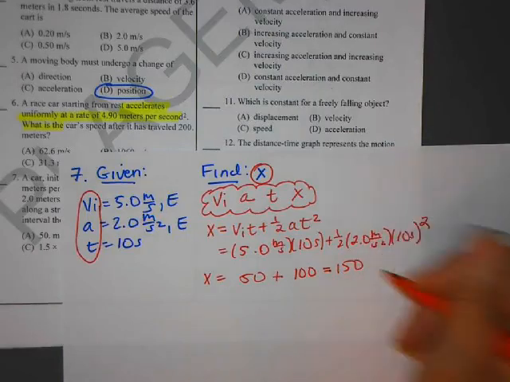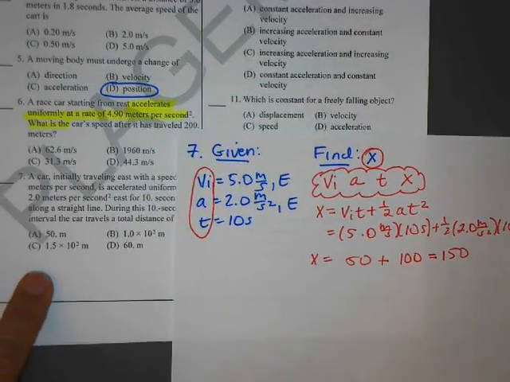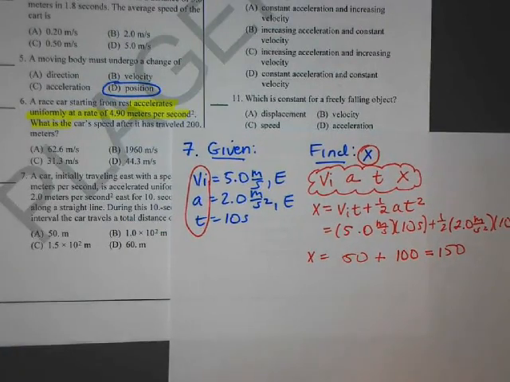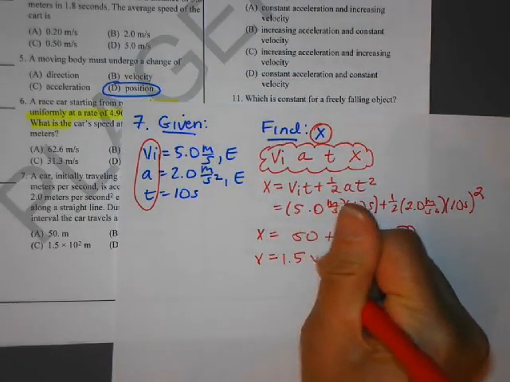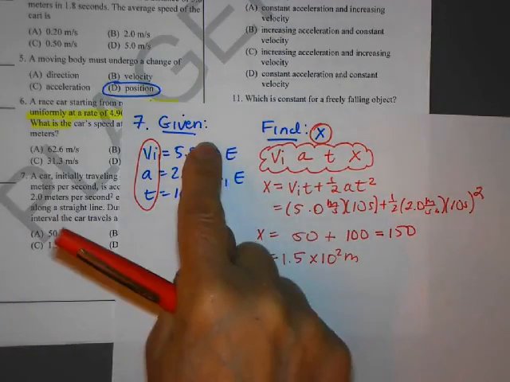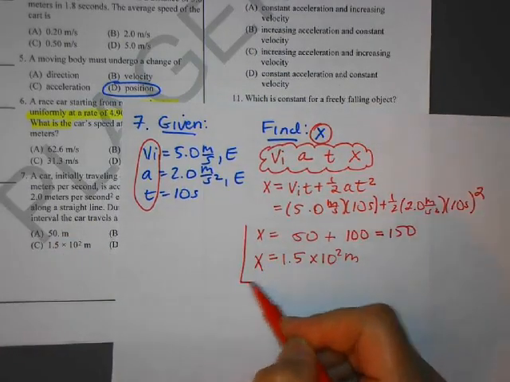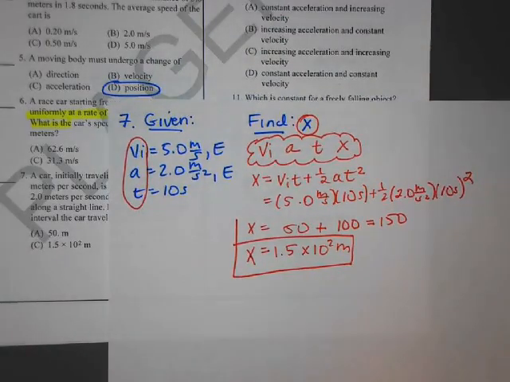So it's 150, but when I look at the answer choices, it only has them in correct significant figures, and that's why we have to be able to recognize correct significant figures. So with 2 significant figures, it's 1.5 times 10 to the 2 meters. So this is our answer for number 7.